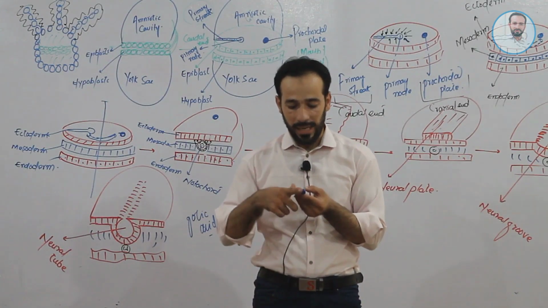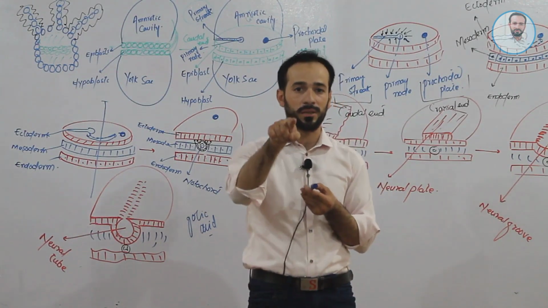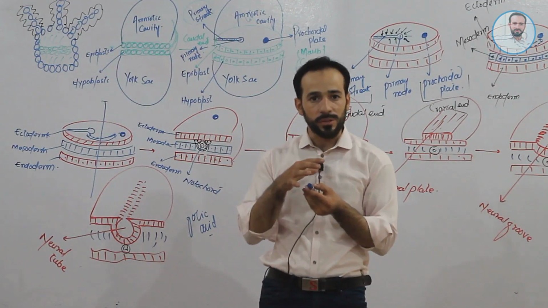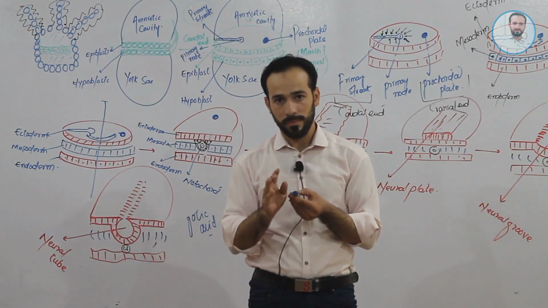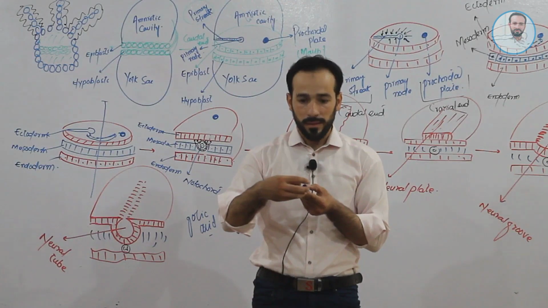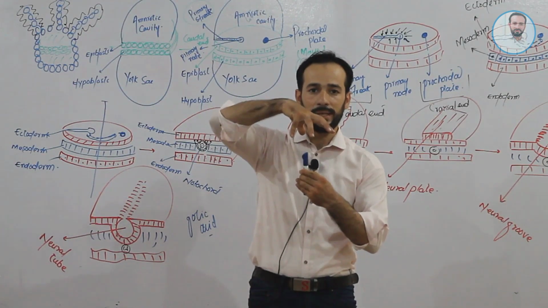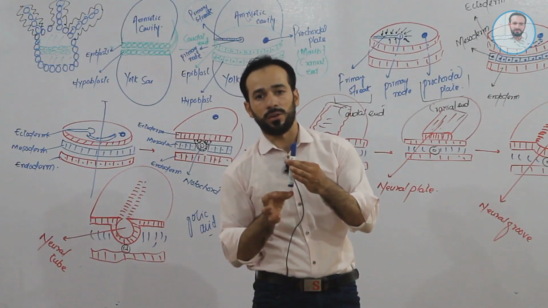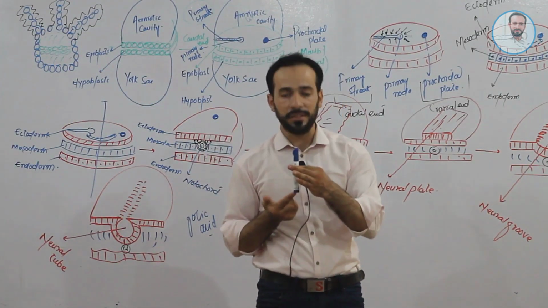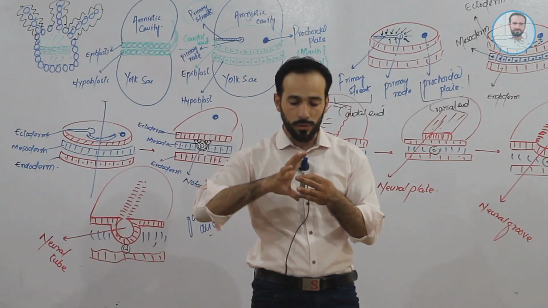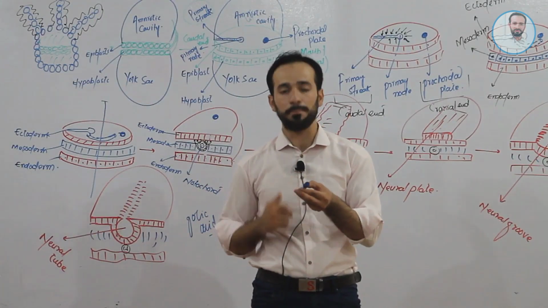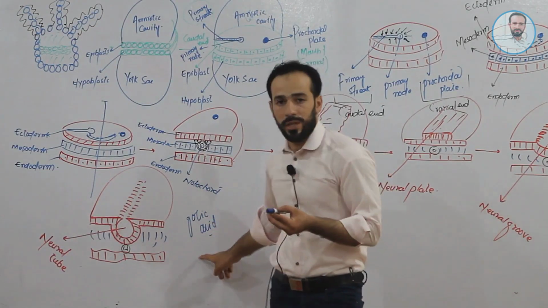So the anterior and posterior neuropores must be closed, and the nervous system will develop within the tube. If this is the anterior neuropore, it will become like this. Here will be the brain, and here will be the spinal cord, and this end must be closed. So for closing the anterior and posterior neuropore, we need folic acid.